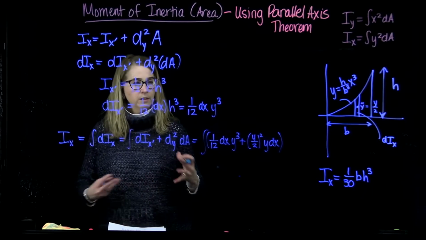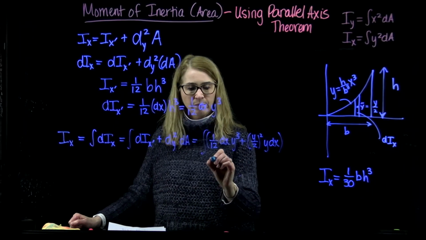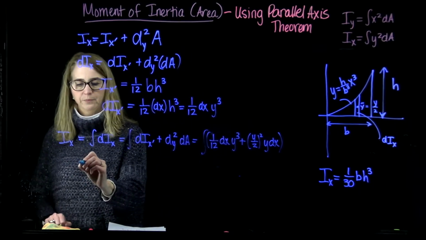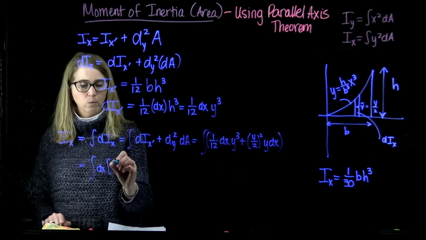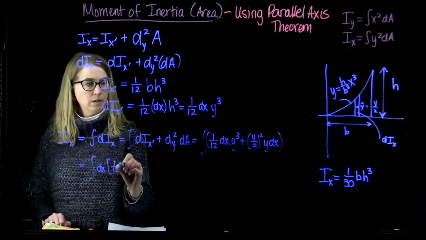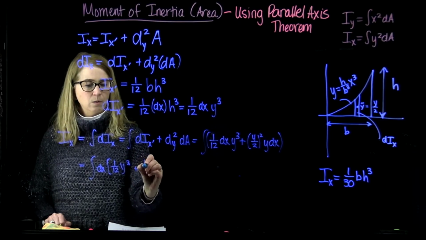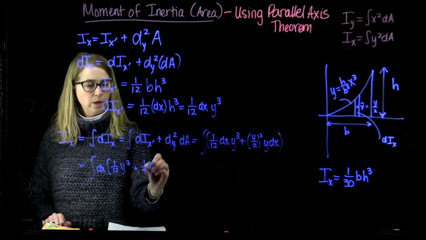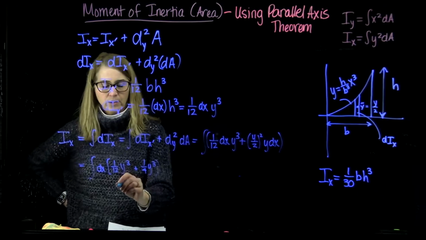If we sort of add these, let's just look at this right now. I'm going to put the dx and factor it out. I got a 1/12 y cubed plus a 1/4 y cubed, and then the dx is over here. Notice I could just add those.